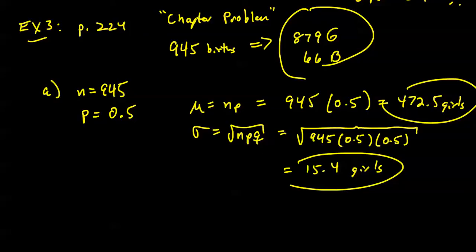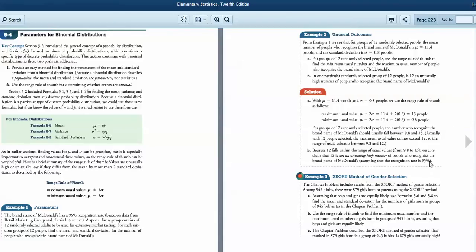All right, let's go back to the book, read part B. Use the range rule of thumb to find the minimum usual number and the maximum usual number of girls born in 945 births, assuming that boys and girls are equally likely.